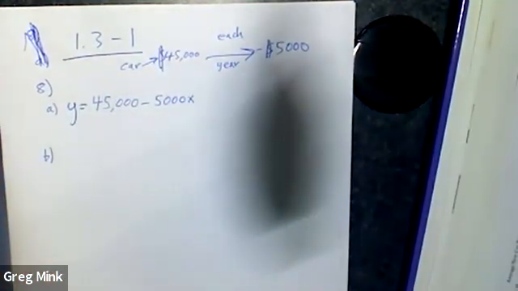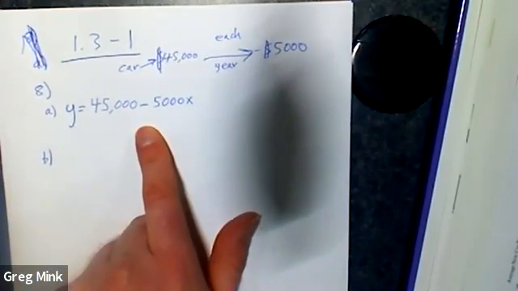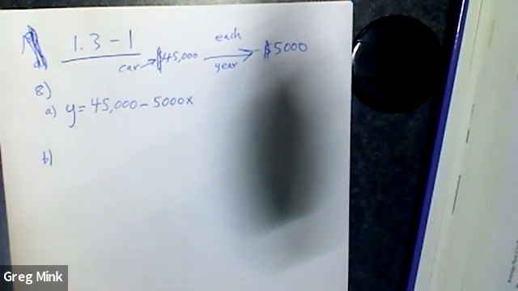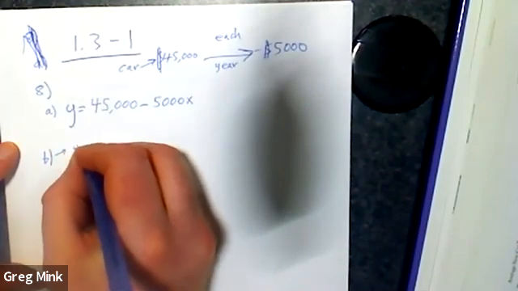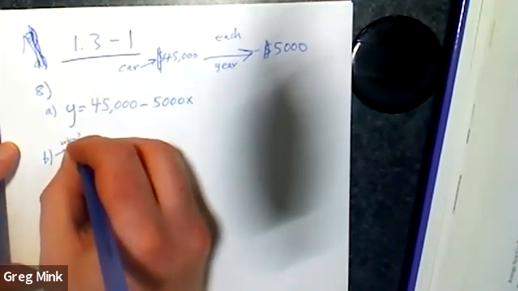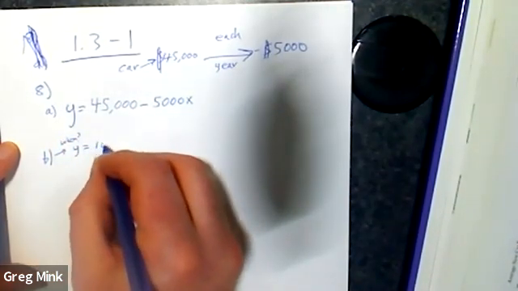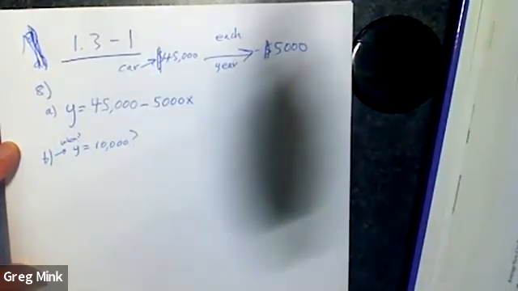Part B says to use this formula to determine after how many years the car's value will be 10,000. Okay? Well, essentially what they're telling us is when will y equal 10,000?